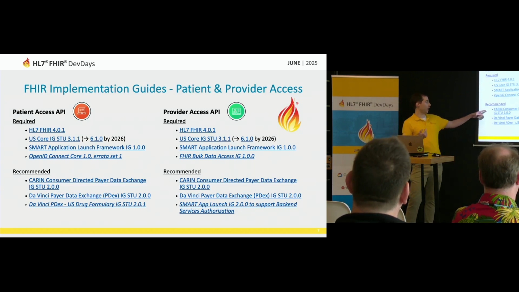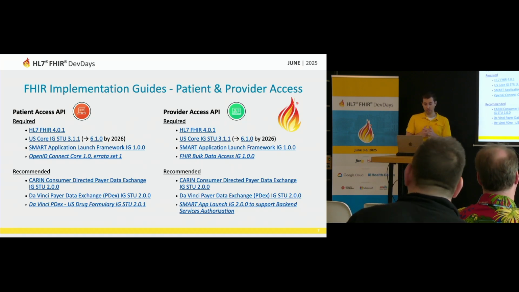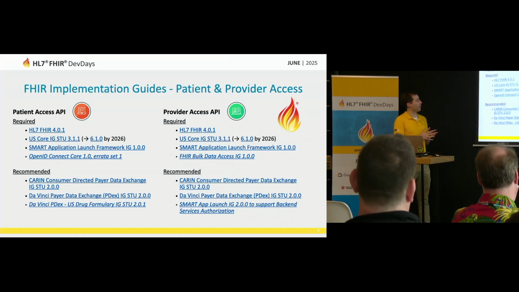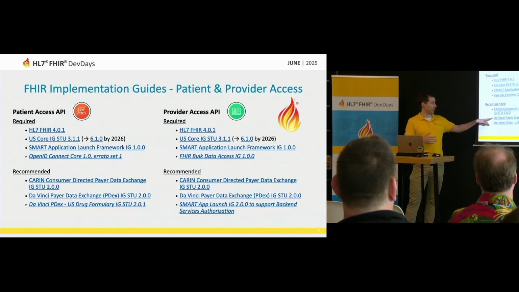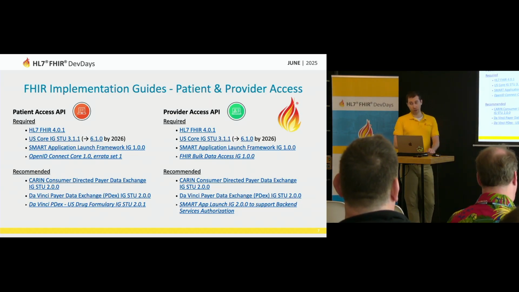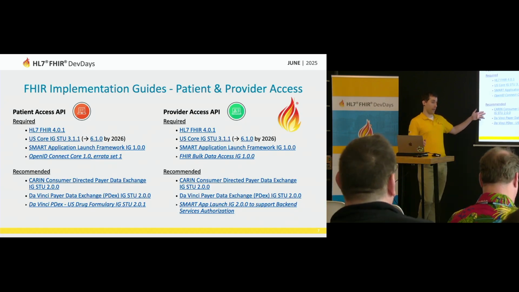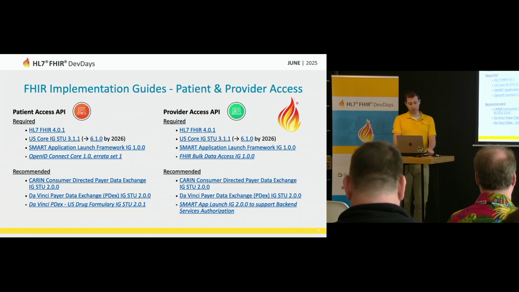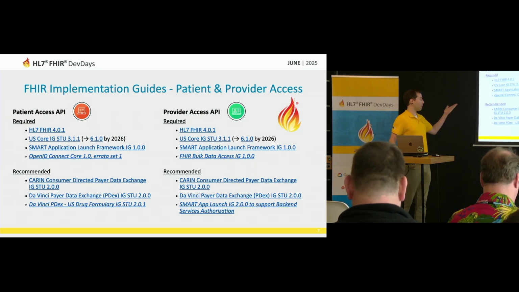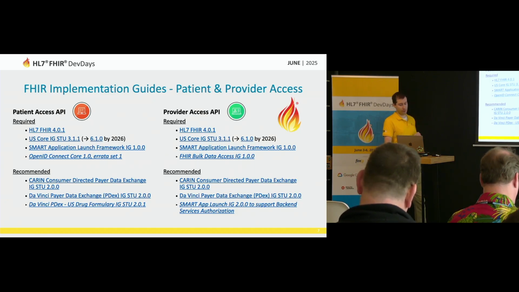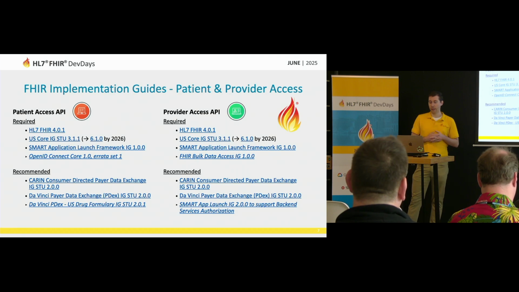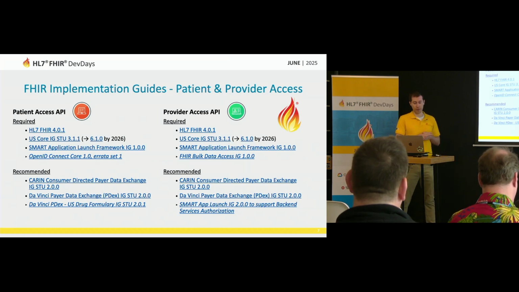There's the CARIN IG for most financial data, the Vinci Payer Data Exchange IG, or PDex, for prior authorization data and other clinical data that's not in US Core. And these are actually recommended for now by CMS, not required. And then Smart on FHIR is required for security. On the patient side, OpenID Connect Core is required for enabling federated identity. More about that later if I have time.